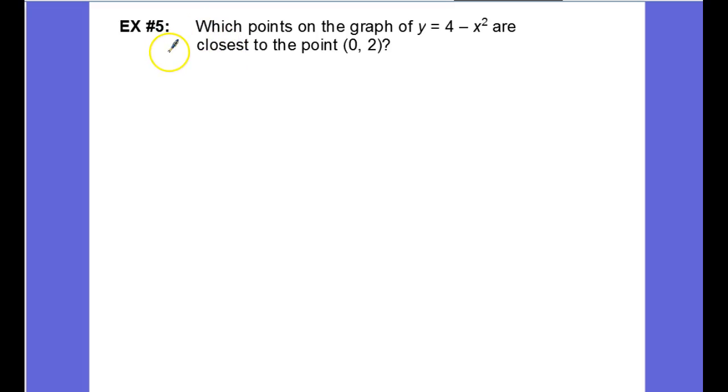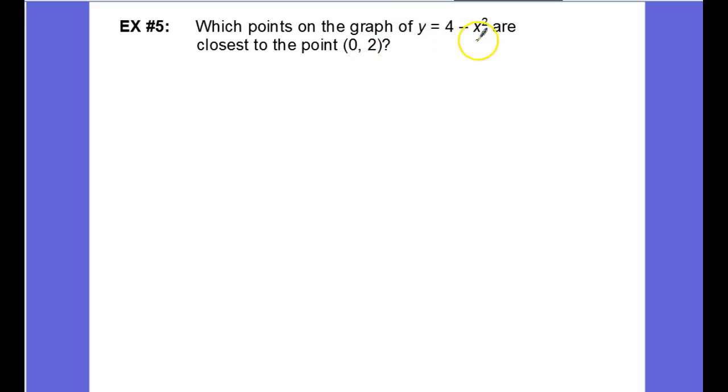In this last example, they ask us which points on the graph of y equals 4 minus x squared are closest to the point (0, 2). Well, this is a cool problem. We're actually minimizing the distance between a fixed point in the plane and points on the graph of a quadratic.